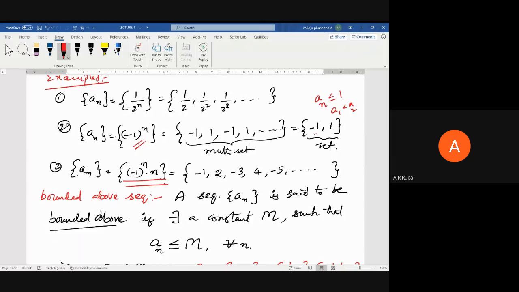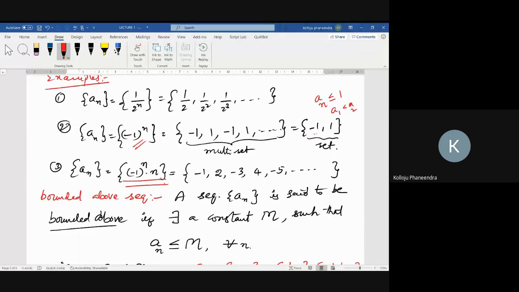But then it fluctuates between -1 and 1, no, sir? So how can we say it is either increasing or decreasing? Good doubt. That is the concept of limit. Fluctuate means when I raise n from 1 to infinity, it will oscillate between -1 and +1, right?